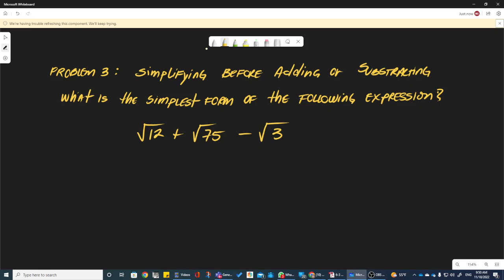Okay, so what are the rules to combine these expressions? Number one, the same index. Okay, is it the same index? Well, yes it is, because if you don't see a number, you have to assume 2. Check. Second rule, same radicand.